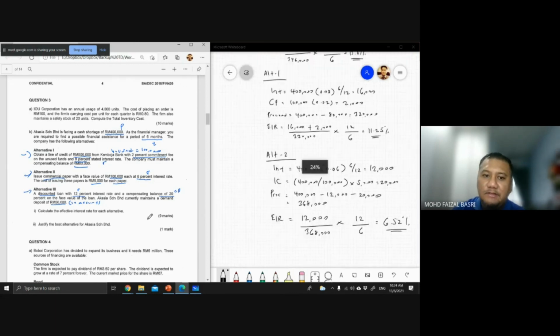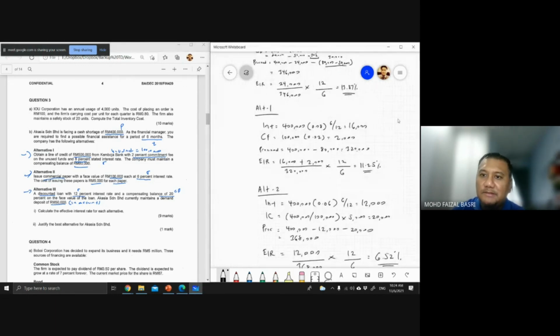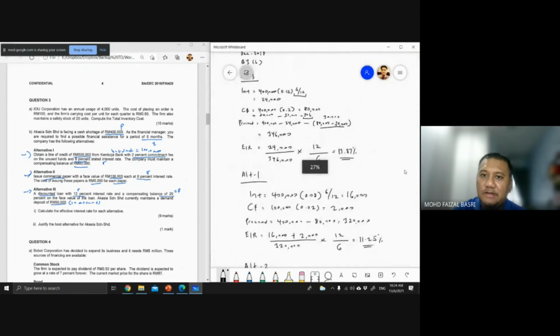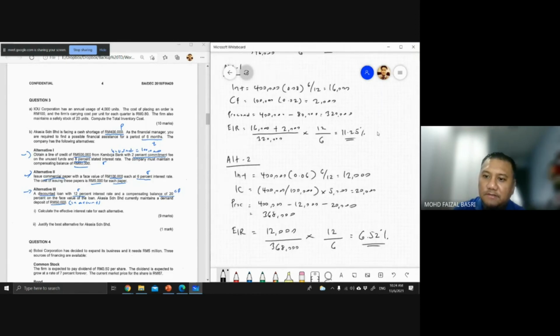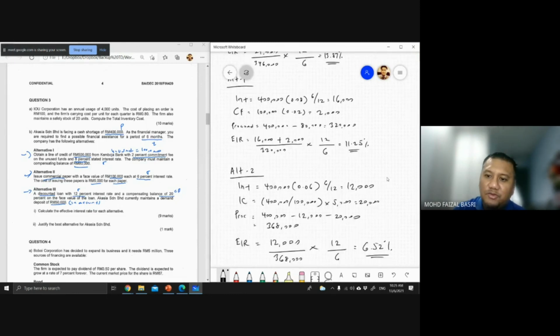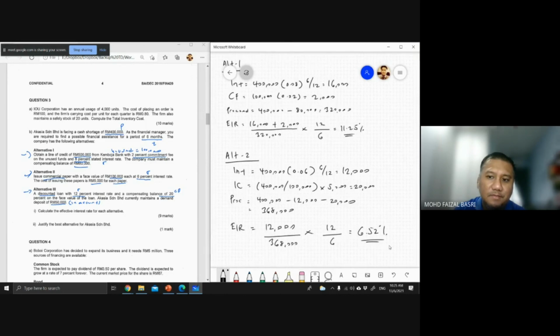So if you see 9 marks, meaning each one is 3 marks. Okay, we started with alternative 3 earlier, and then alternative 1, and then alternative 2. So we have 13.87, 11.25, and also 6.52. Okay, for the respective effective interest rates.